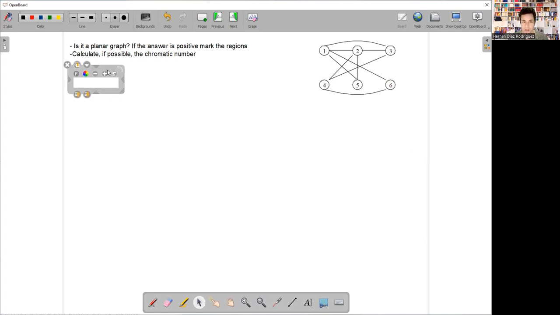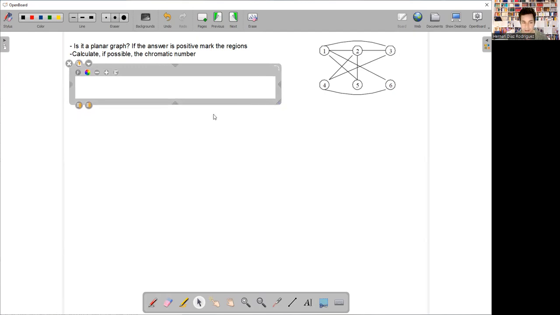Okay, so first, let's define what is a planar graph. It is the graph that can be drawn without overlapping edges. So to check this, first, we are going to see if it meets the needed condition, right?